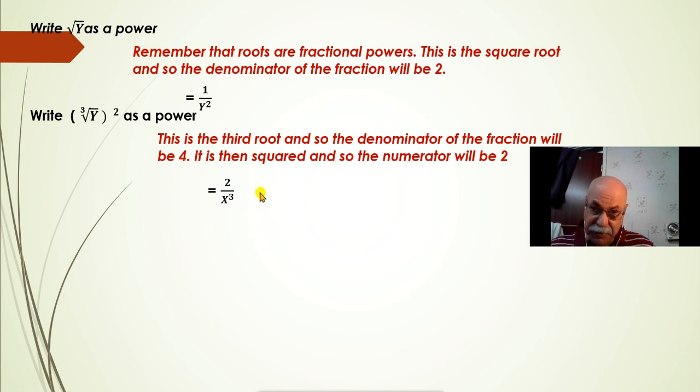When you return back to the root, we say the cube root of x power 2. Sorry, not this y, this x. Same, I made a typing mistake here, but it is the same.